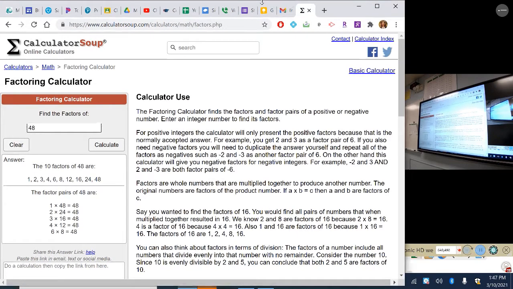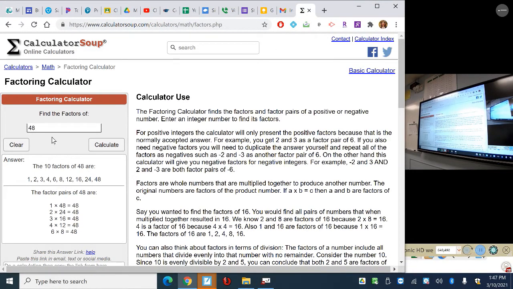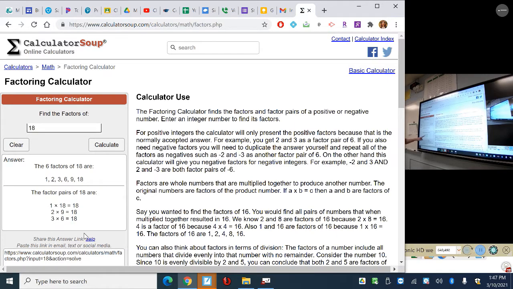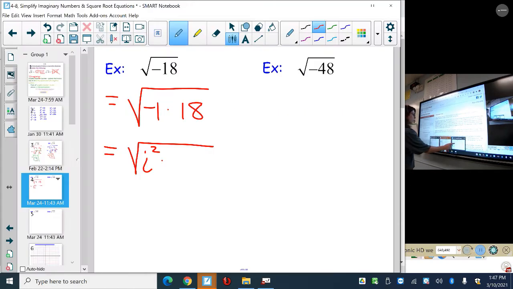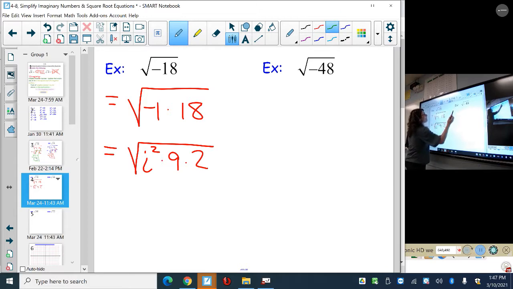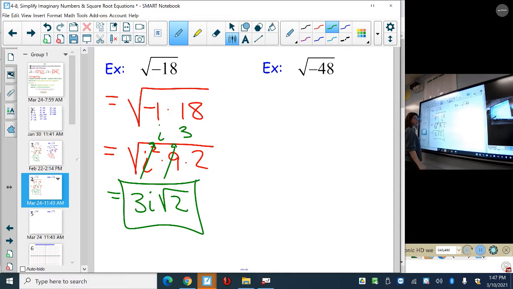So if we're doing our calculator soup, we're going to put the number 18 in here. And we're going to find the perfect square factor, which is 9 times 2. Then I'm going to take the square root of just the numbers that are perfect squares. So the i comes out, and the 9 comes out as a 3 to give you 3i, and the square root of 2 is what is left. Okay?